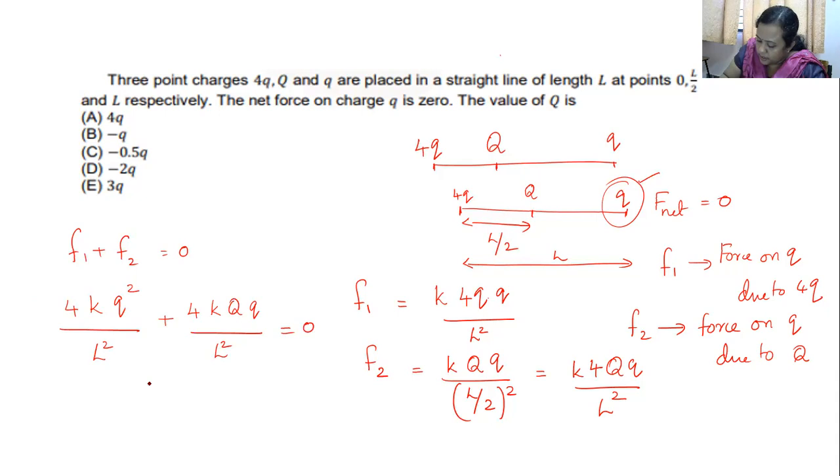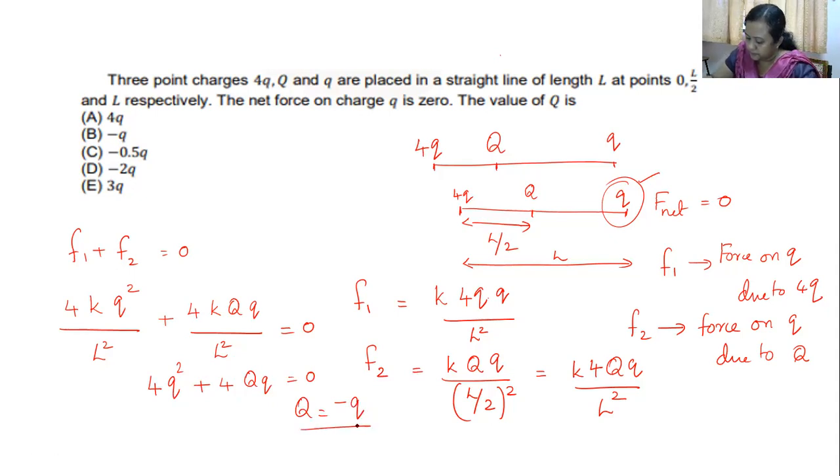Common factors we can cancel. We are getting that 4q square plus 4Q into small q is equal to 0. And this 4 also cancels, q also cancels. We are getting that Q is equal to minus q. Therefore, the answer is Q is equal to minus q.